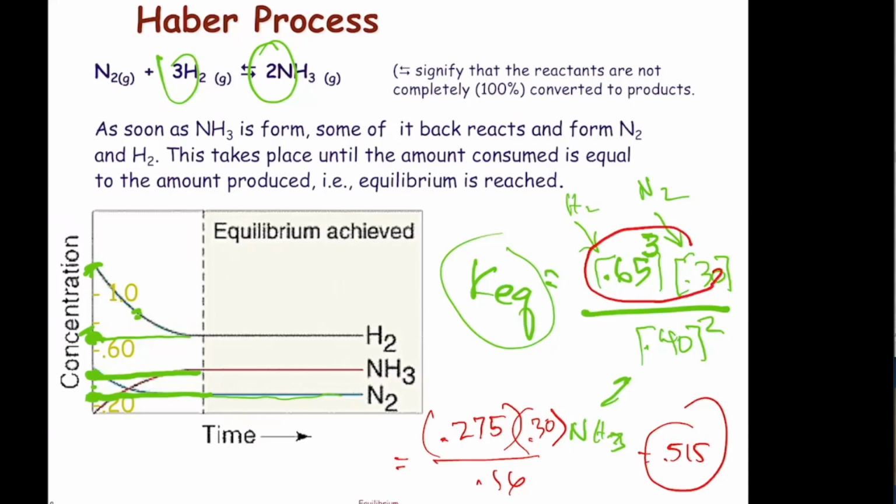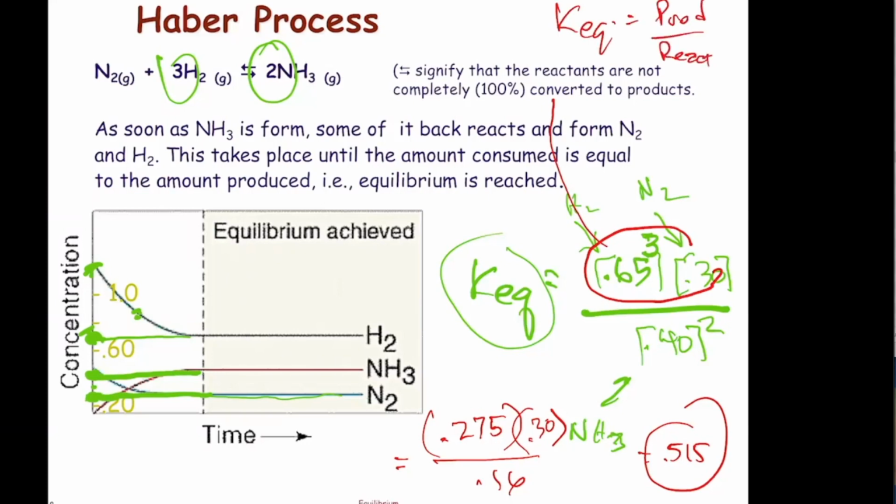Sorry, that's backwards. You guys should have spotted me here. I got this thing all backwards, because products are at the top, reactants are at the bottom. So this is actually reverse. K equilibrium equals products over reactant.